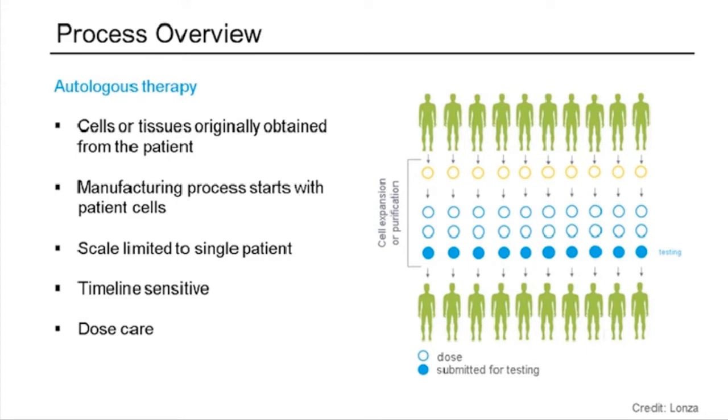The benefits of a patient-specific therapy is that there's going to be no human leukocyte antigen matching needed because the cells are coming from the patient themselves, and so then the patient's body is going to be able to recognize those cells. Likewise, there typically isn't any immunosuppression that's required for administration. And so then the effectiveness of this kind of therapy tends to be increased comparatively because there's reduced rejection of the product line.